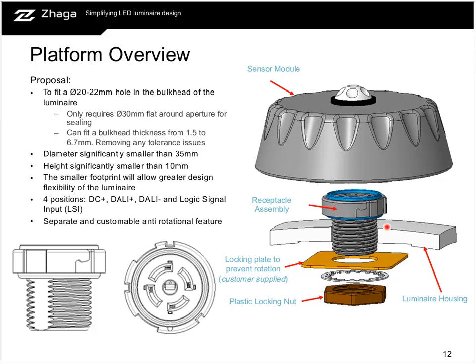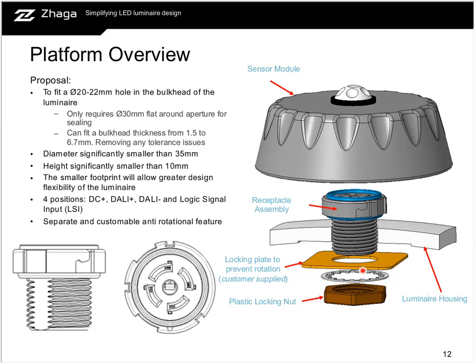It will be a 4-position connector, and Martin will explain this later on in the presentation, but we will have a DC voltage going into the module, and then the control protocol will be a DALI with the DALI plus and DALI minus connection, and then a logic signal input as well.